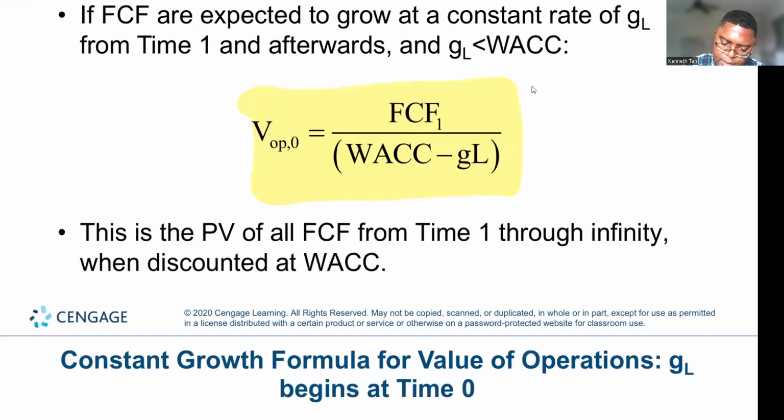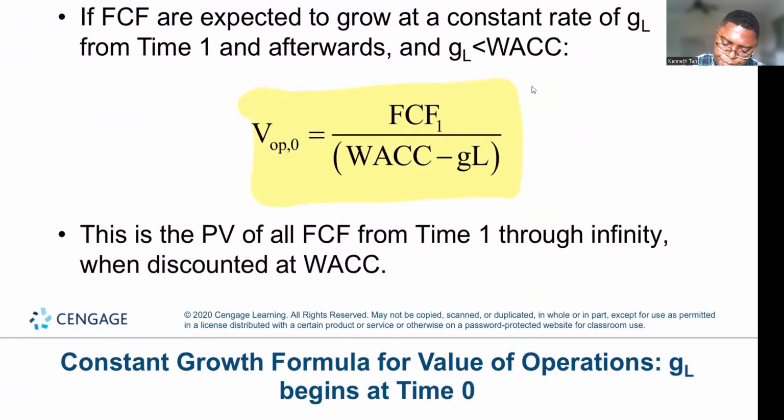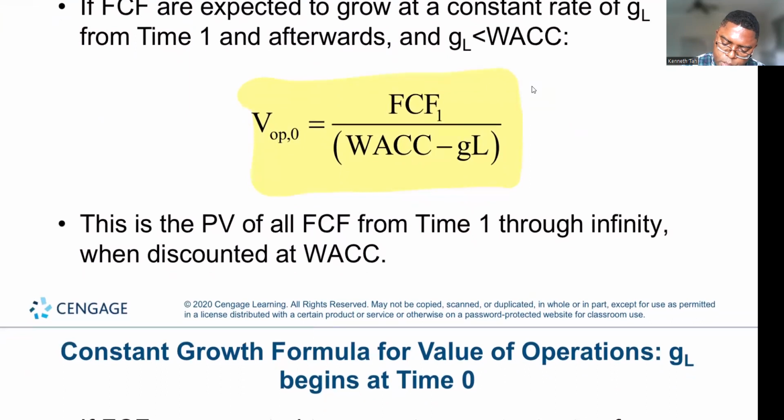So notice that from this formula, we have this to the power 1, which is equivalent to free cash flow 0, which is free cash flow right now. Free cash flow 1 means free cash flow 1 year from now. So 1 year from now, it can be 1 plus g, okay?